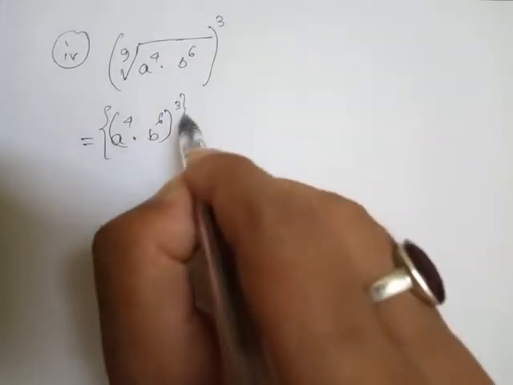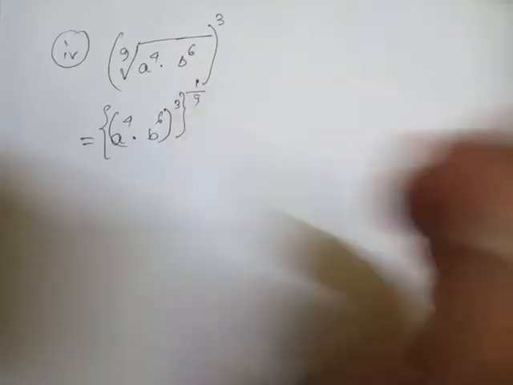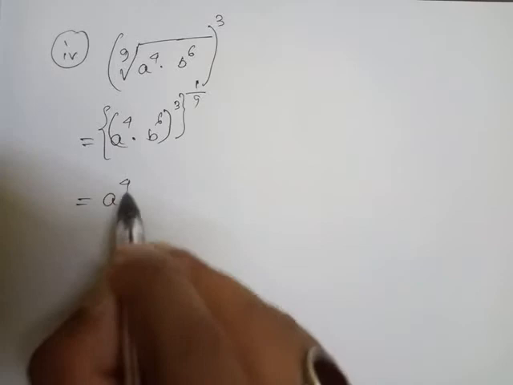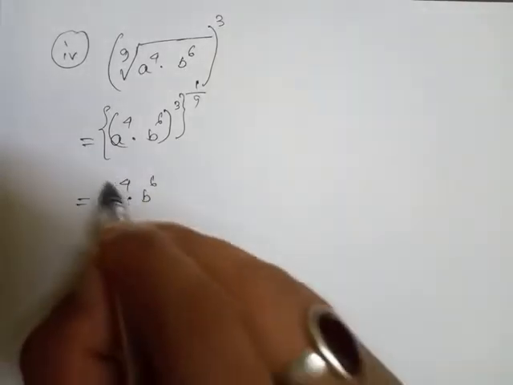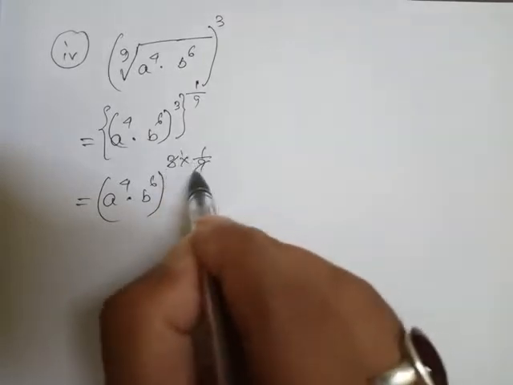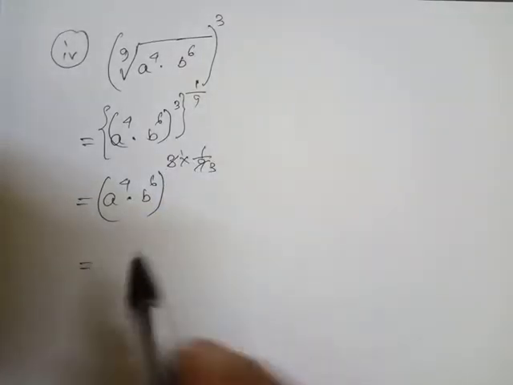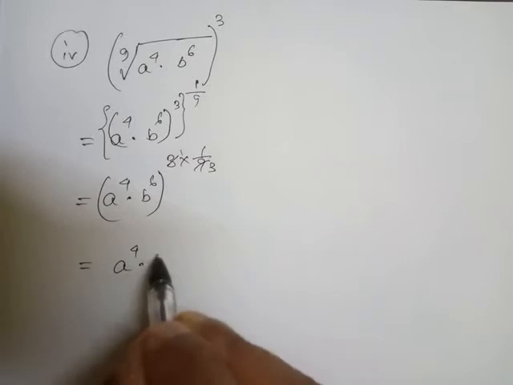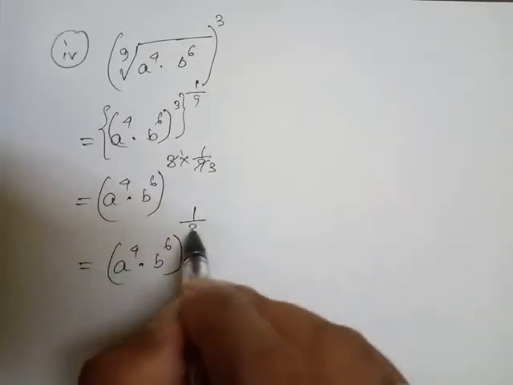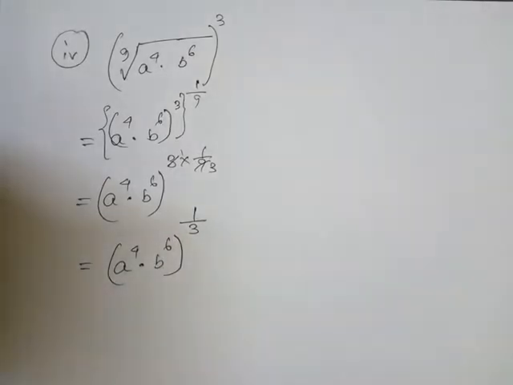Then here we'll write 1 by 9, breaking up root first. Now removing the bracket, so a to the power 4 b to the power 6 whole cube into 1 by 9. Now 3 ones are 3, this is a 9. So next would be a to the power 4 dot b to the power 6. Dot means into, it is not the decimal point, dot means into.